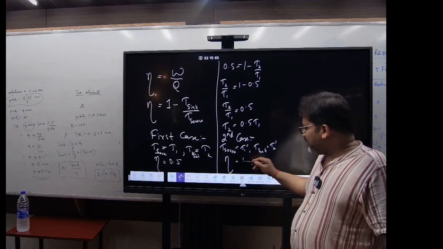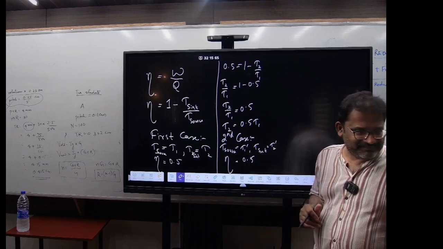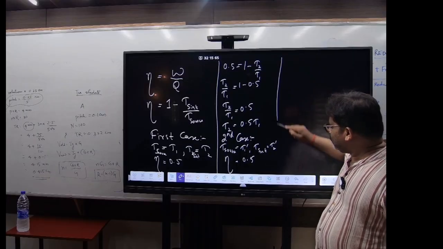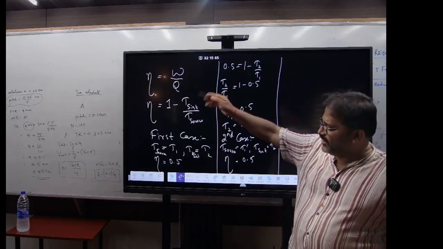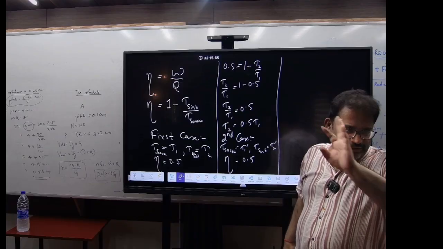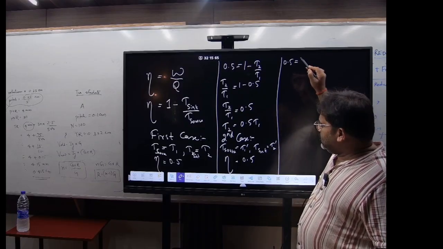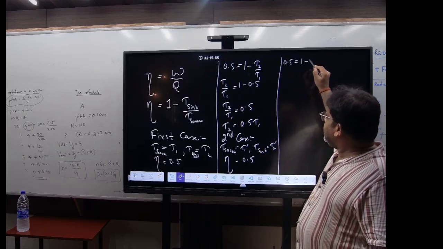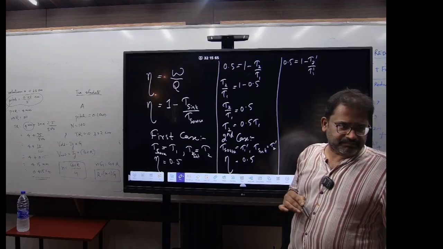So, second eta is also 0.5 only. Now, let's go for the same formula. Eta is equal to 1 minus T sink divided by T source. So, that is nothing but 0.5 is equal to 1 minus T2 prime divided by T1 prime.